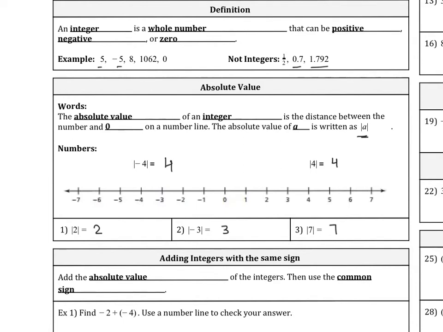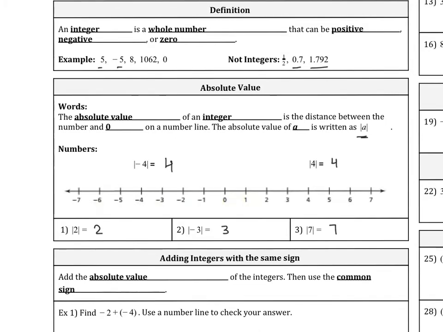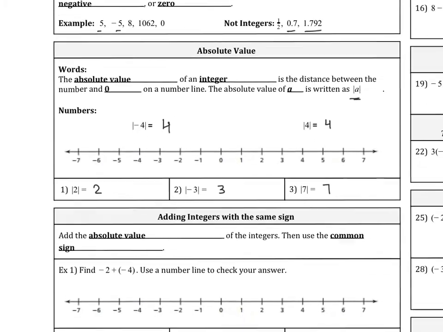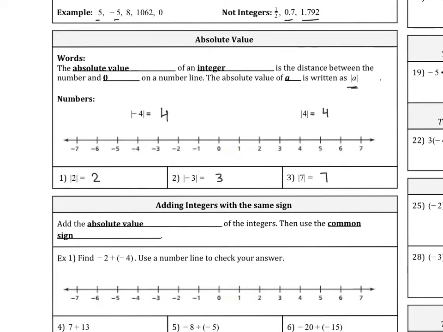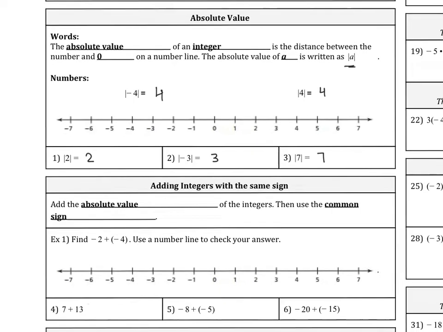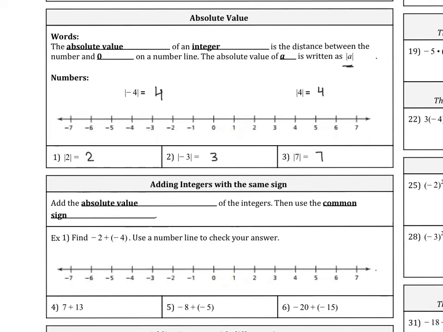Now let's look at adding integers with the same sign. Add the absolute values of the integers, then use the common sign. So let's look at example number 1 here. Find -2 plus -4 using the number line.